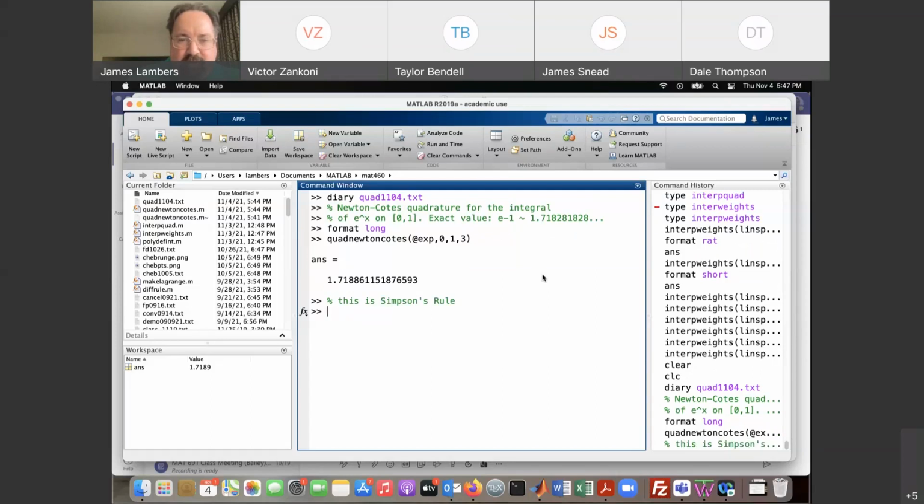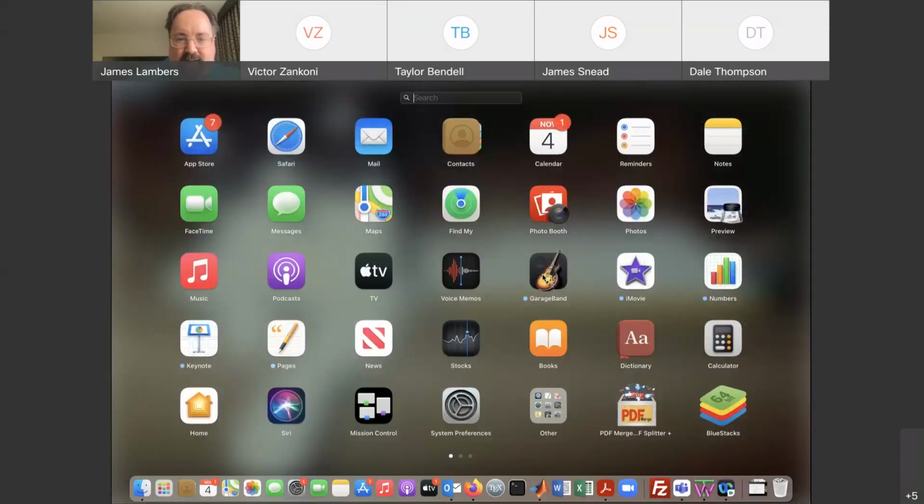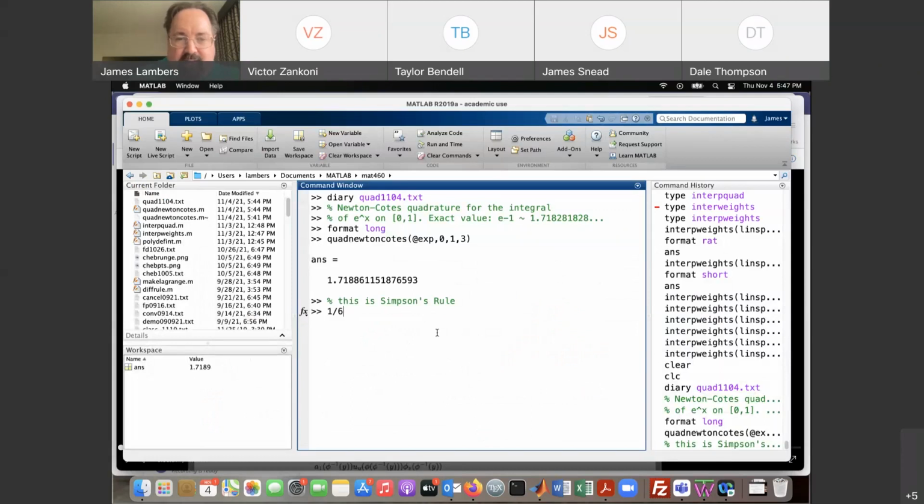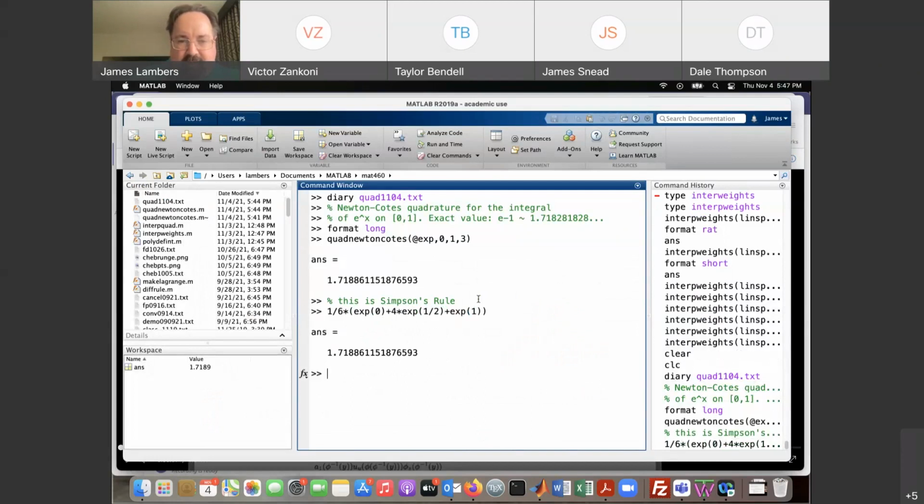So how does Simpson's rule work? It's 1/6 times the function value at the left endpoint plus 4 times the value at the midpoint plus the value at the right endpoint. So if I carry this out, we see it's exactly the same, because a closed 3-node Newton-Cotes rule is just Simpson's rule.